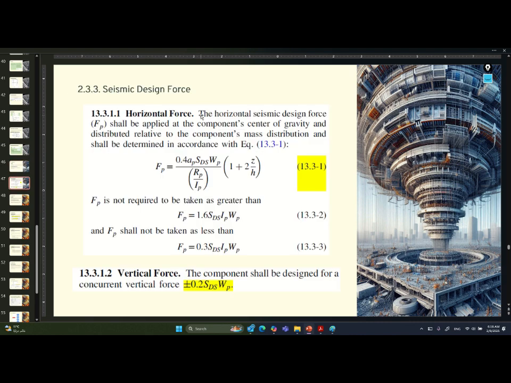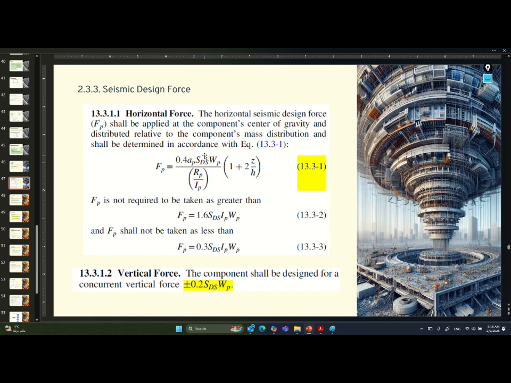The most important part is that we will talk briefly about this chapter. The most important thing is to calculate the horizontal force and to understand how to apply this equation, because as you can see there is an AB factor that is related to the equipment, the SDS which is the same that we already calculated in chapter 12.